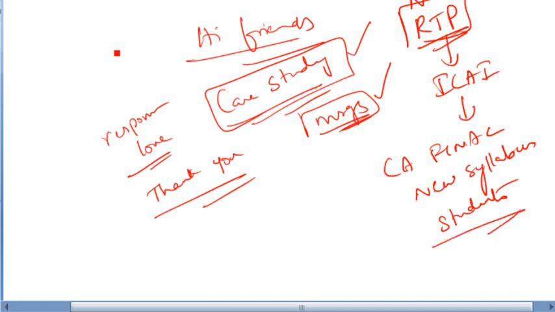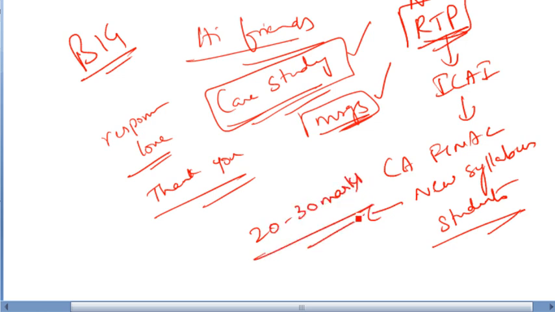So there's a big case study actually. It's very big, a lengthy case study. But as you know, for CA final new syllabus students, the case study is going to be for 20 to 30 marks. So there is no escaping, guys. 30 marks is not a small amount. So you have to definitely put in some effort to get these marks. Okay, right. Without further wasting any time, let's get into the case study.